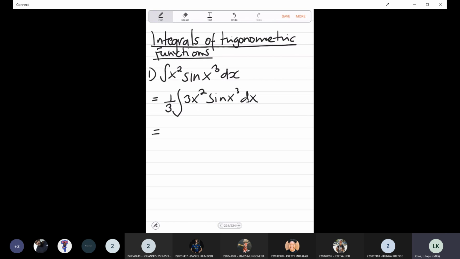This is just 1/3. The integral of sine is negative cos. So I have a third negative cos of x to the power of 3, and my constant of integration, which is 1 over 3 cos of x to the power of 3 plus c.